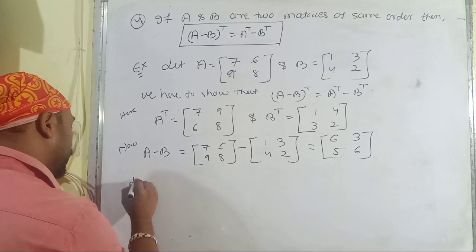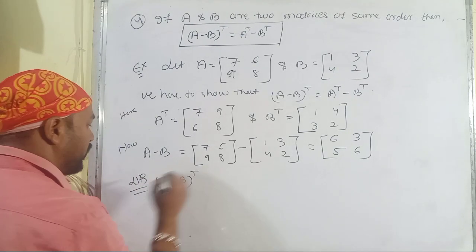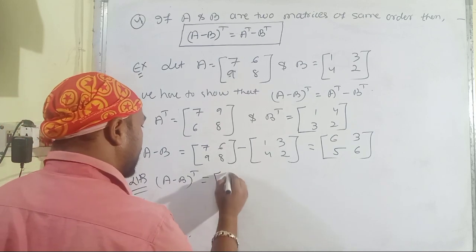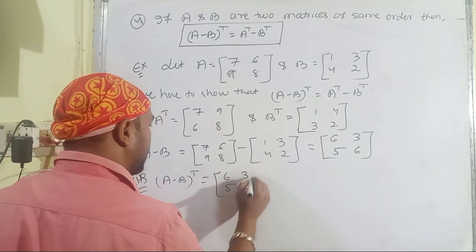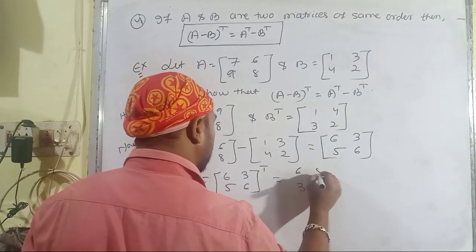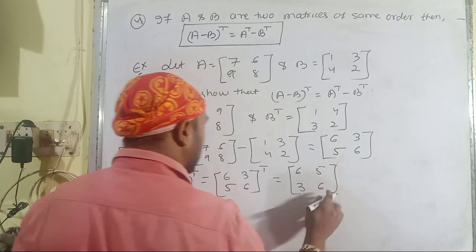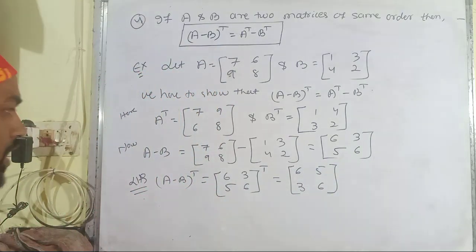Then we have to go through the left hand side part. It is the transpose of A minus B. That means the transpose of 6, 3, 5, 6. So it will be 6, 5, 3, 6. Okay, now this is the transpose of A minus B.